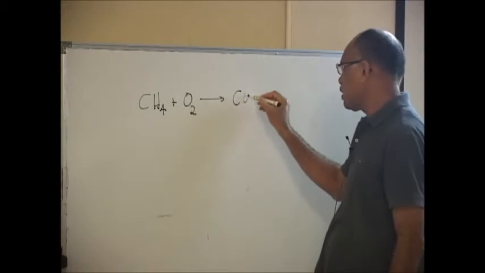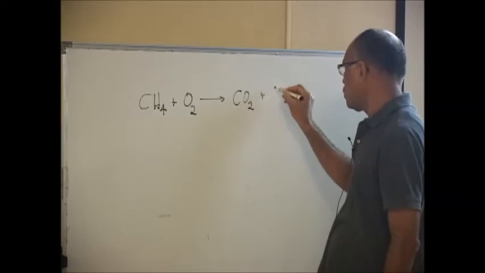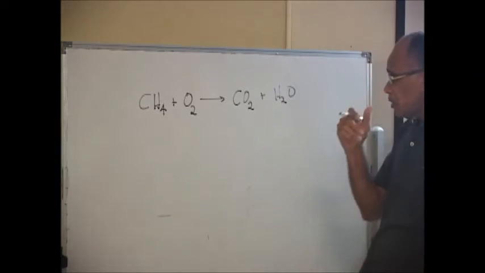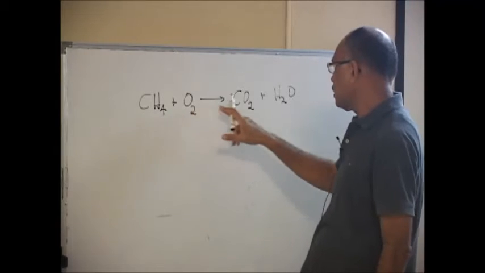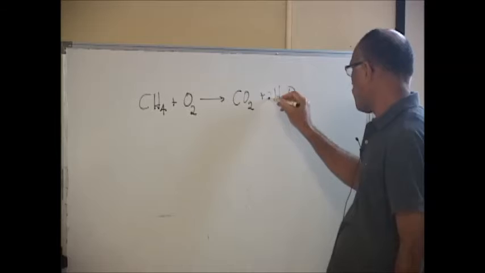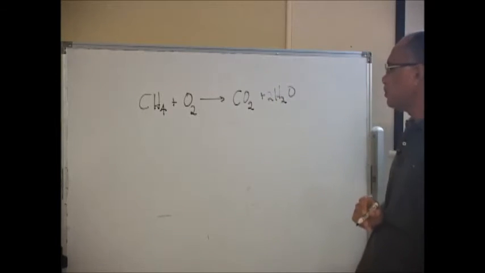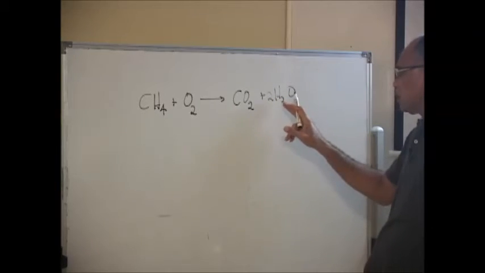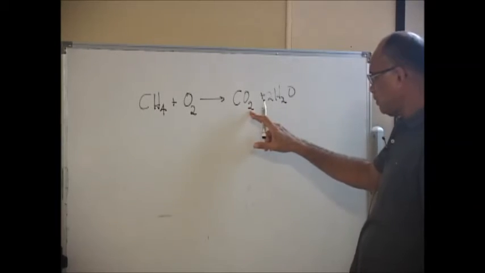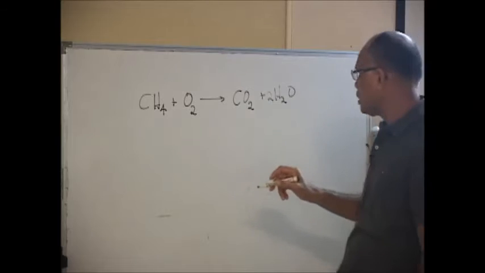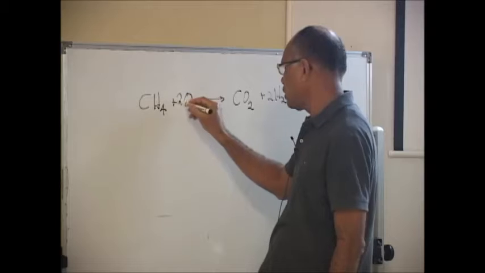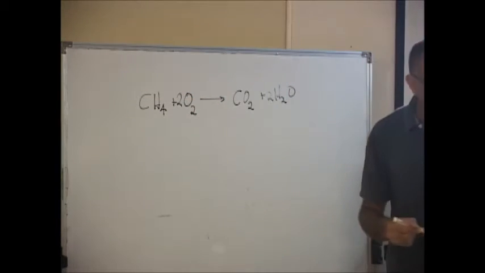The two products are carbon dioxide and water. So let's balance this out. Carbon is balanced, and you need 4 hydrogens, so that will be 2 water molecules. In our oxygen, you have 2 here and 2 there, so that's 4. That will be 2 oxygen.